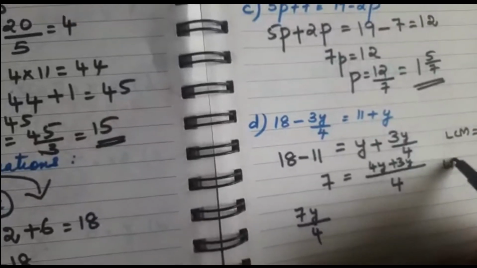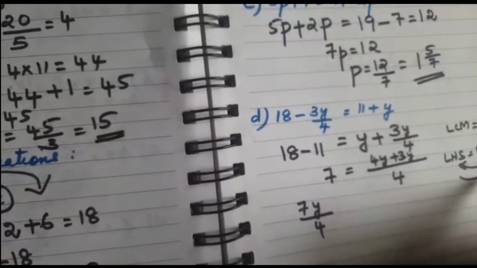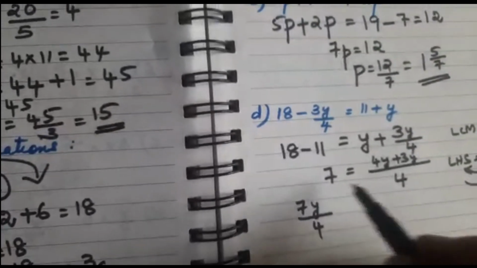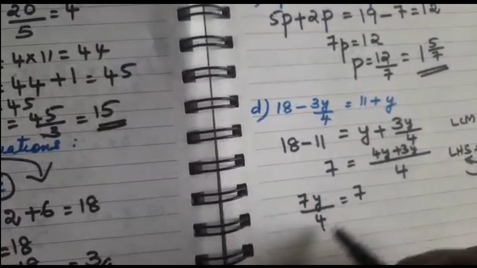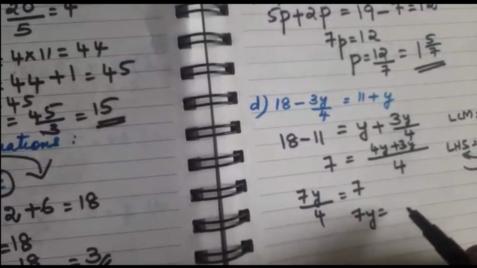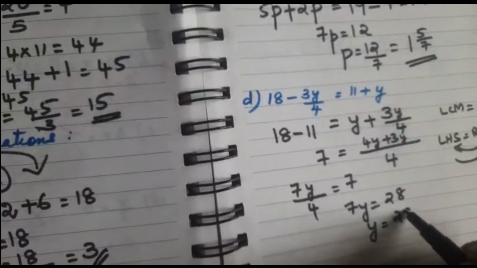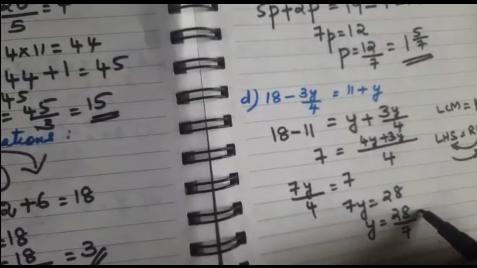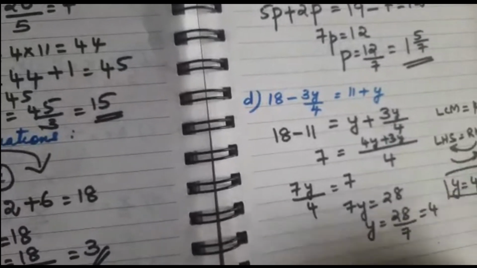LHS equal to RHS, or it can be interchanged also. So I am changing the position. So 7y upon 4 equal to 7. Now you can cross multiply. 7y equals 7 4s are 28. So y equals 28. Multiplication will become division. That is 4. So you got the answer as y is equal to 4.